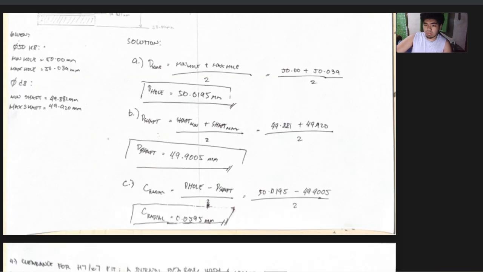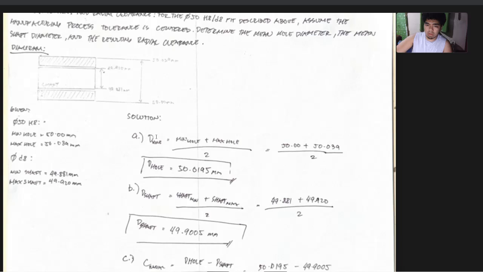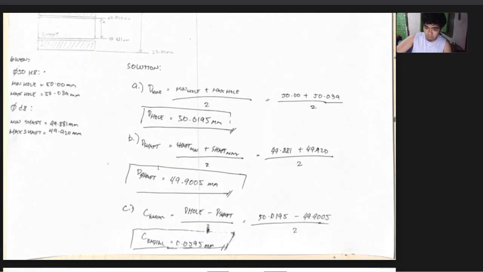For the mean shaft diameter, it is the same: minimum shaft plus maximum shaft divided by 2. So 49.881 plus 49.920 divided by 2, we will have 49.9005 millimeter of shaft diameter.